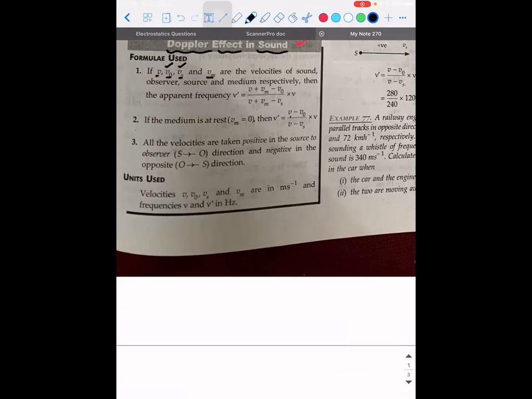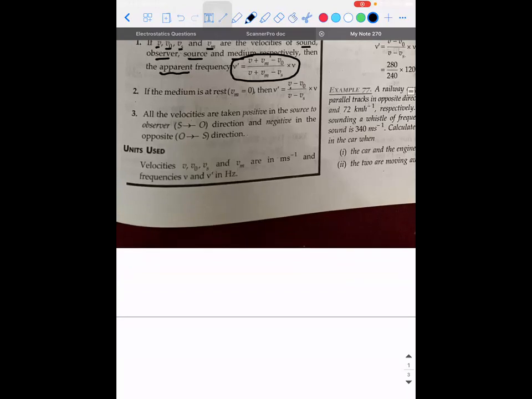V stands for the speed of sound, generally around 340 meters per second in air. V naught stands for the velocity of the observer, Vs for the source, and Vm for the medium. Then, if there is relative motion between them, you will not hear the original frequency, but something called the apparent frequency.